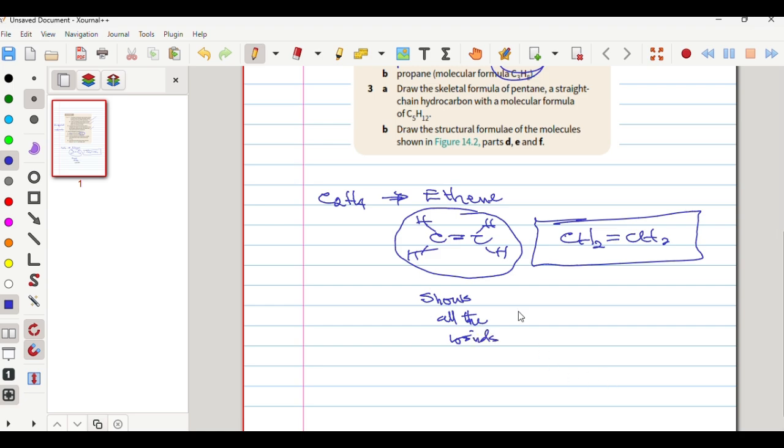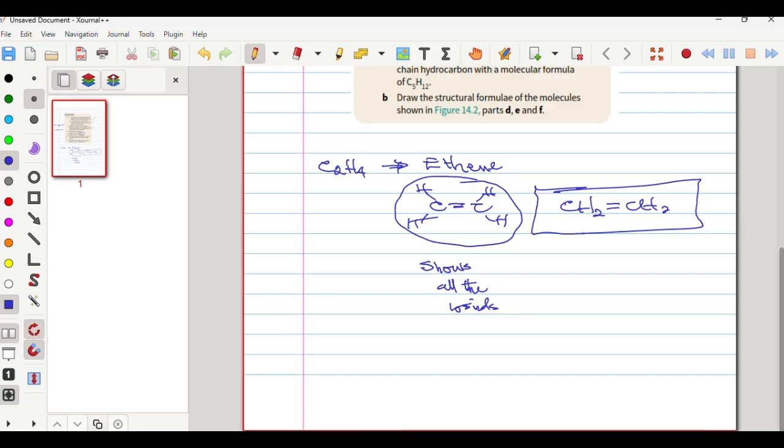So can you give me the formula of ethanol? Ethanol is C what? Ethanol. What is the molecular formula for ethanol? The molecular formula is going to be C2H5OH.